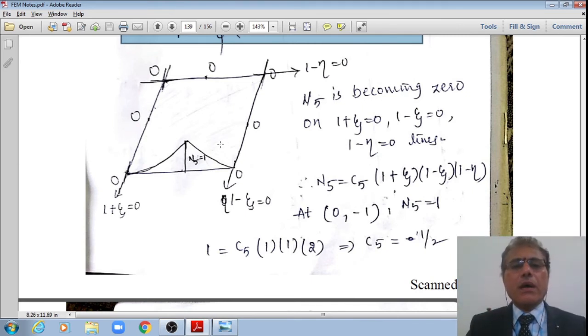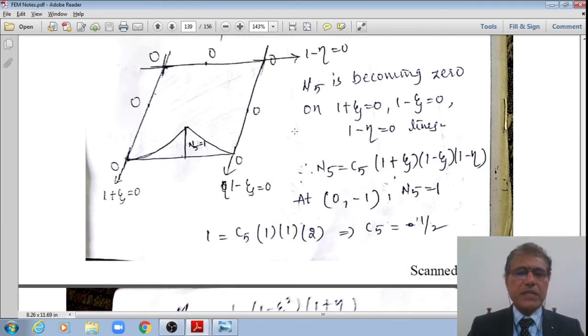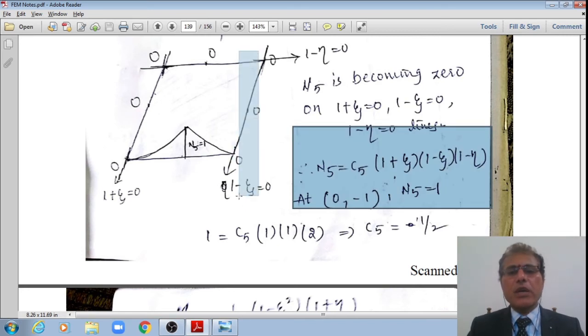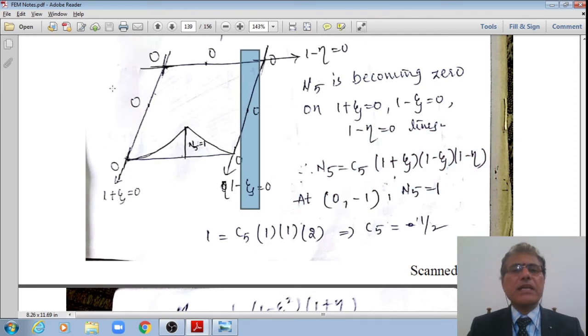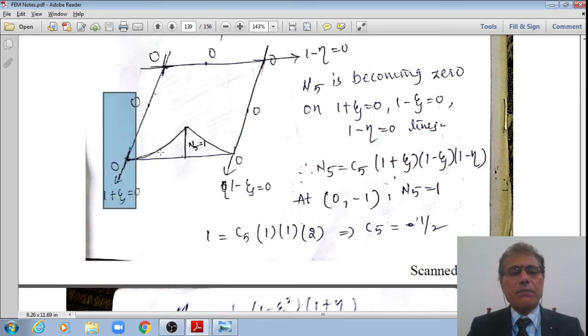Then I'll propose the shape function as N5 is equal to C5 multiplied by, it is becoming 0 along this 1 minus eta line, as well as it is becoming 0 along the 1 plus xi line as well as the 1 minus xi line.